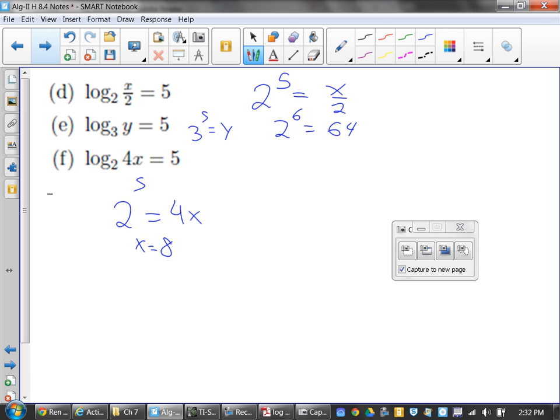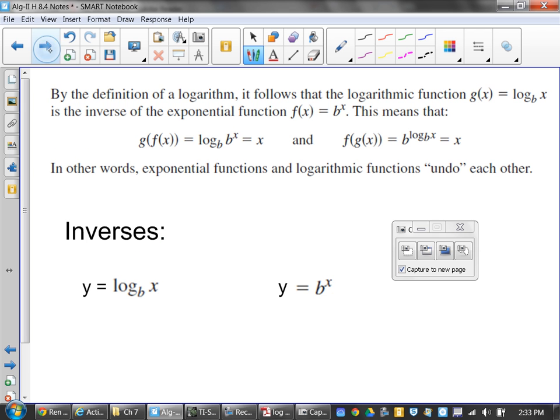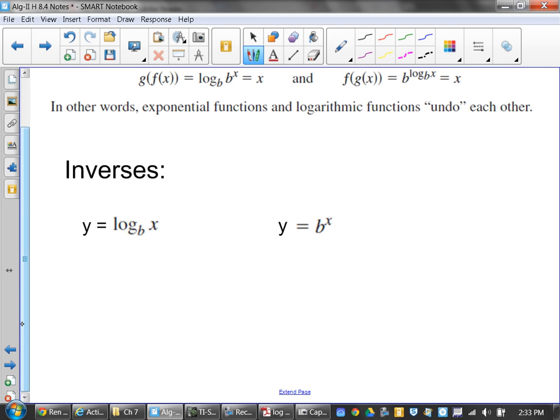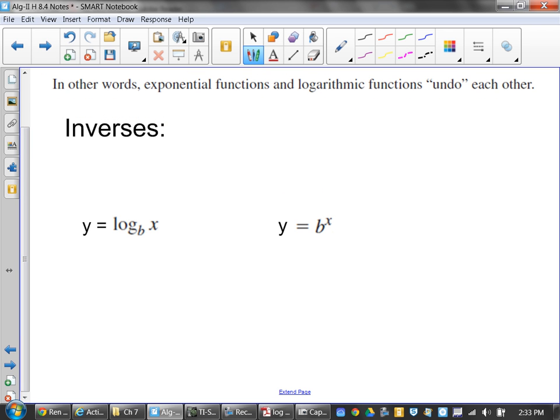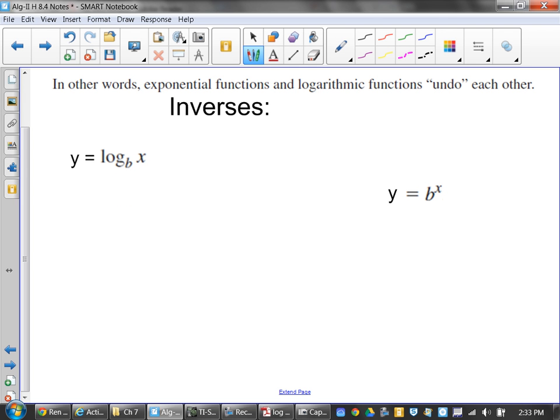Okay. Now, the next little bit is when we start to work with what are called inverses. And this is kind of how things get undone, if you will. What I want to look at here is how these inverses work. I'm not worried about the top part. Now, in order to undo one another between logs and exponential forms, there are certain rules that have to happen.